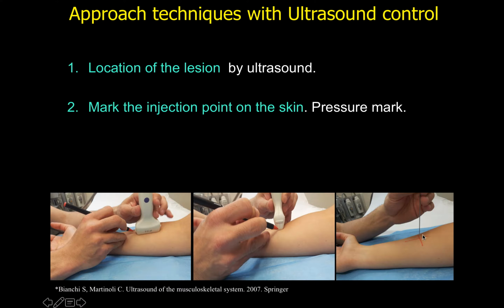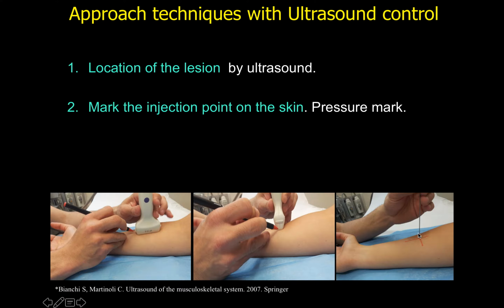Just with a graphic marker, but we normally choose a pressure mark better, to avoid the graphic mark on the skin. We also very often use the trick of putting a needle between the transducer and the skin to mark the middle, like here in the AC joint, the middle of our target, and then with the needle putting a pressure mark on the entry point.